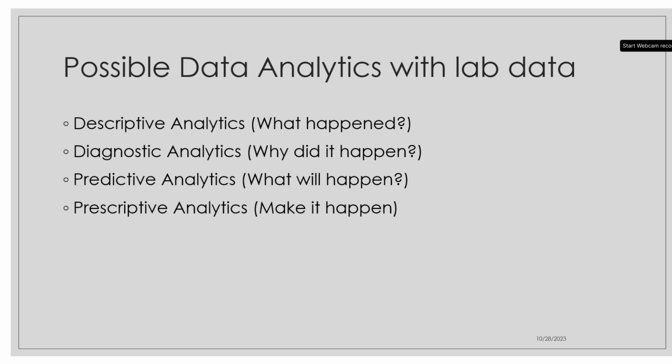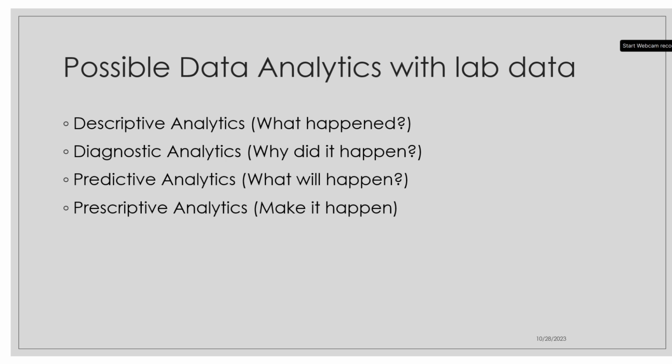When we consider these data that we have at the lab and the kind of analysis we can make on them, we can basically make a descriptive analysis and look at what is happening in the lab. We can also consider why this is happening.